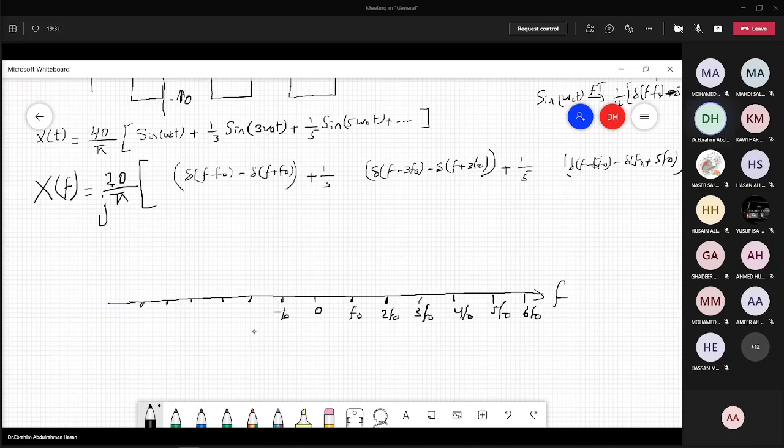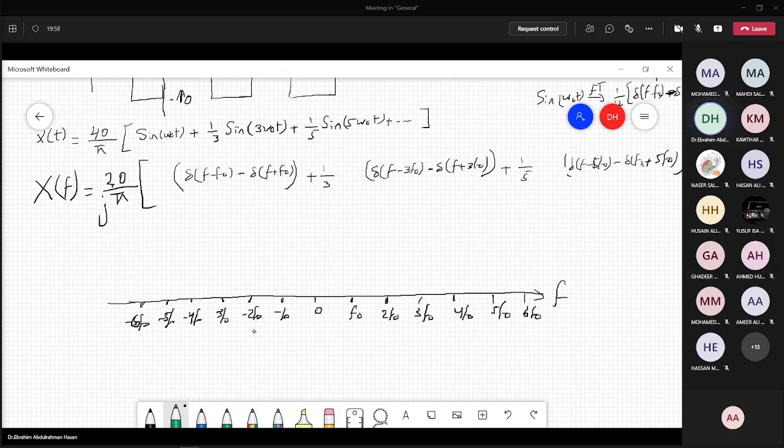And similarly on the negative side, so minus f naught, 2, 3, 4, 5, 6. Magnitude has nothing to do with the j. So the magnitude of the first term is equal to 20 divided by pi, multiplied by delta of f minus f naught.